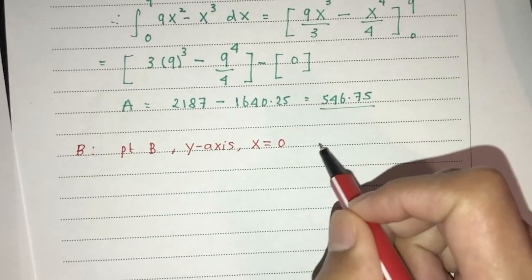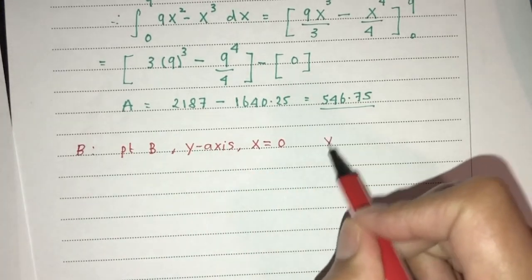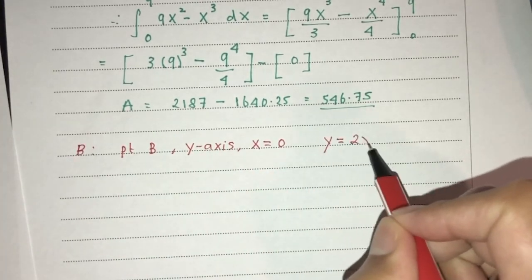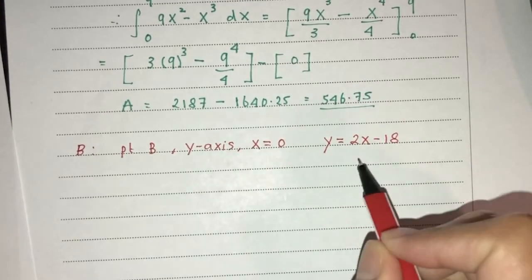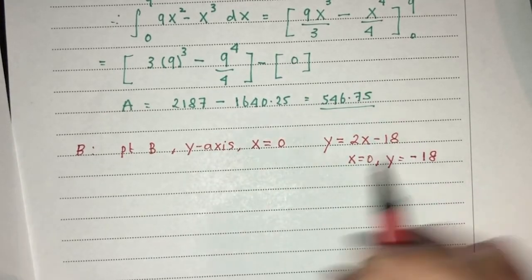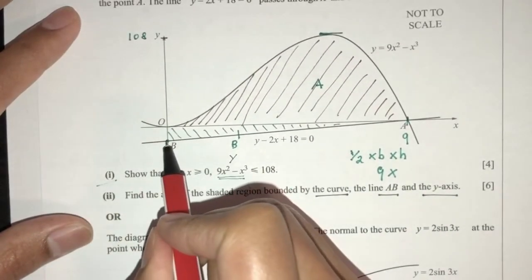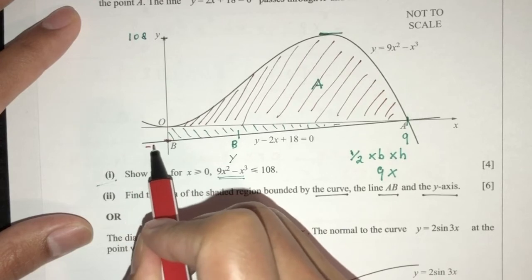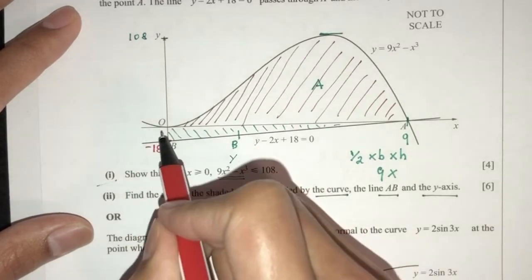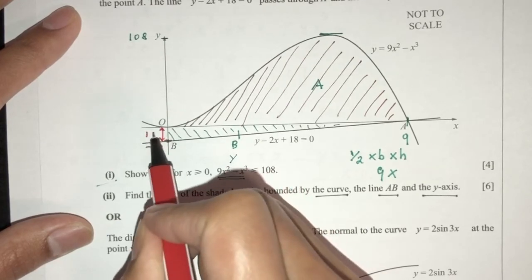Now we use the line because the line cuts the y-axis at the point B. The line is y equals 2x minus 18. When x is equal to 0, the value of y is equal to minus 18, right? So now go back to this one. It means that this one here is equal to minus 18. But the height, we don't look at minus, the height is only 18, right?